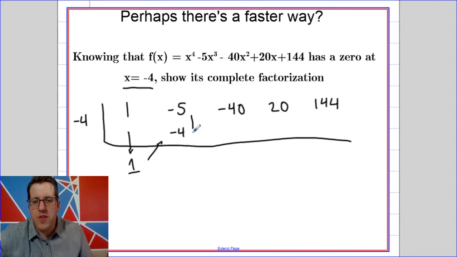Then you're going to add those together and multiply again. And then add those together. And I find this quite relaxing. I don't know about you.